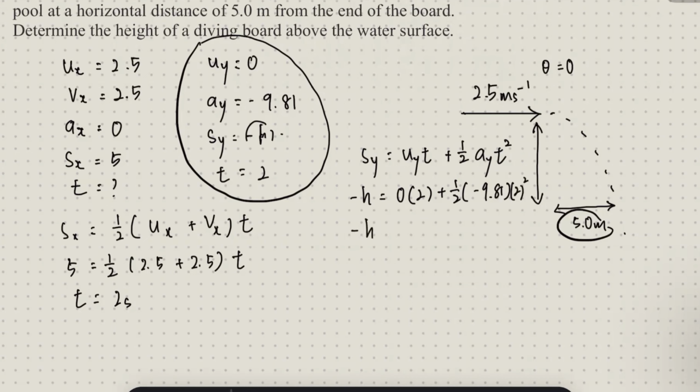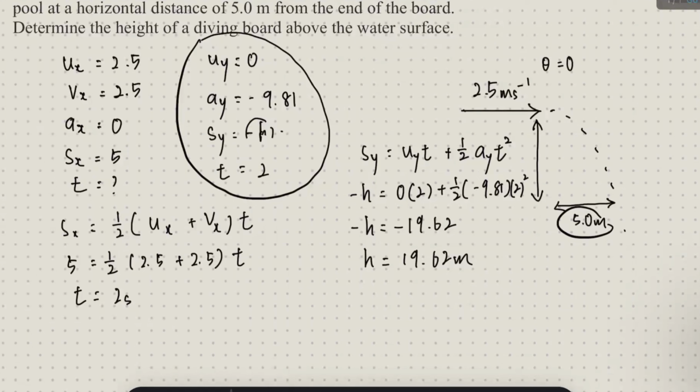So negative h equals negative 19.62, and we get to find h. The value of h is 19.62 meters. So we get the final answer, which is that the height of the diving board above the water surface is equal to 19.62 meters. All right, that's all from us. Thank you.